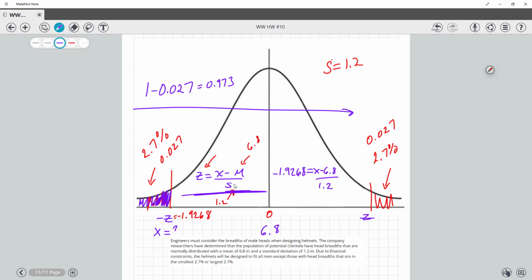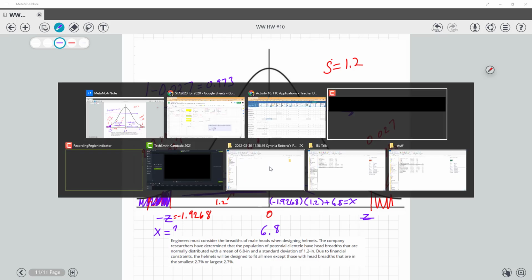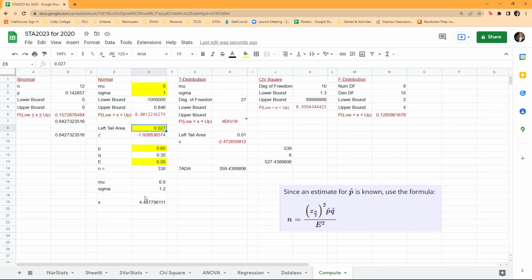So the algebra is just simply multiply both sides by the standard deviation and then add the mean. Okay, so that's just going back in algebra class. That's ugly, but that's a 6.8. So again, I'm kind of lazy. Why not put this in a Google Sheet so I can reuse this?